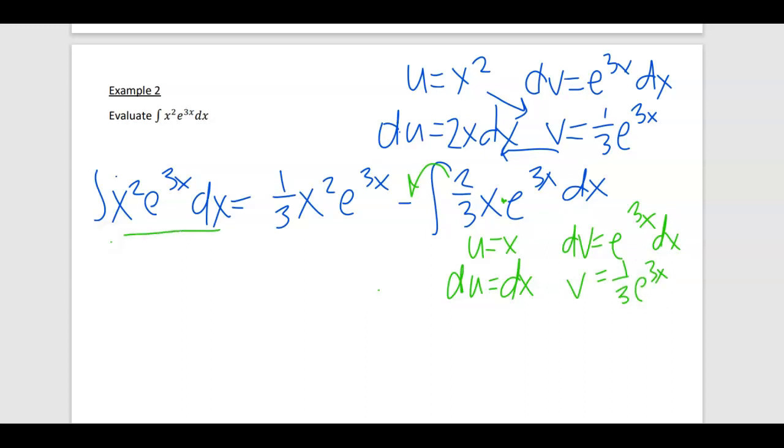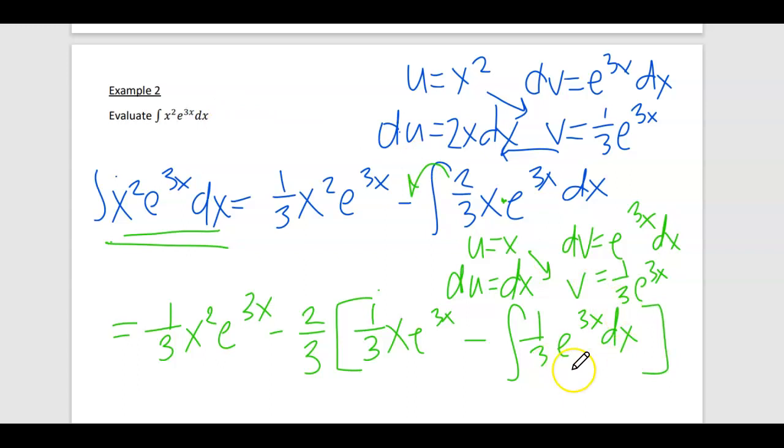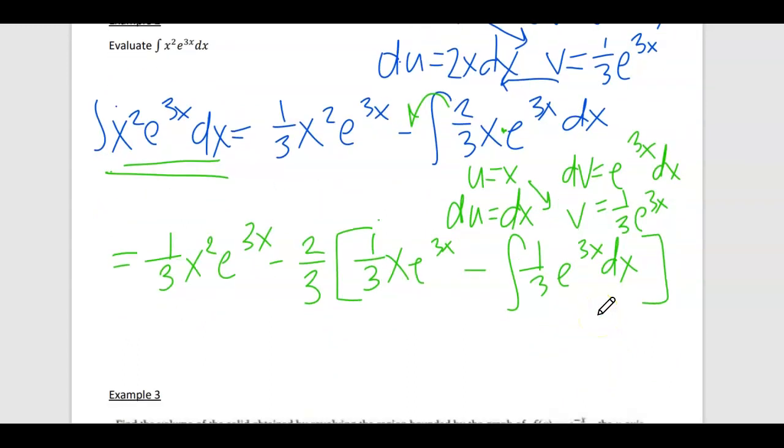All right, so this integral is equal to, I keep my 1/3 x squared e to the 3x minus 2/3, and then I have a second integration by parts here. So uv, 1/3 x e to the 3x, minus the integral of v du. All right, now this is something I can integrate without having to use parts.